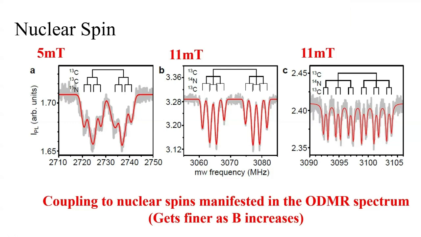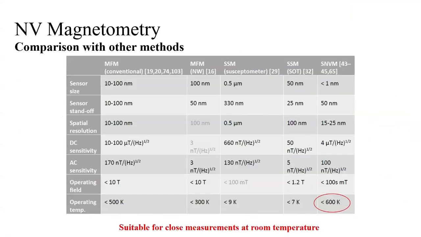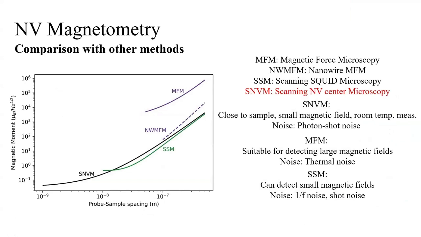You said that NV sensors are the best sensors because they have a wide range of temperatures and work best at proximity distances. How close is that distance? What's the scale? This is the graph I skipped over.